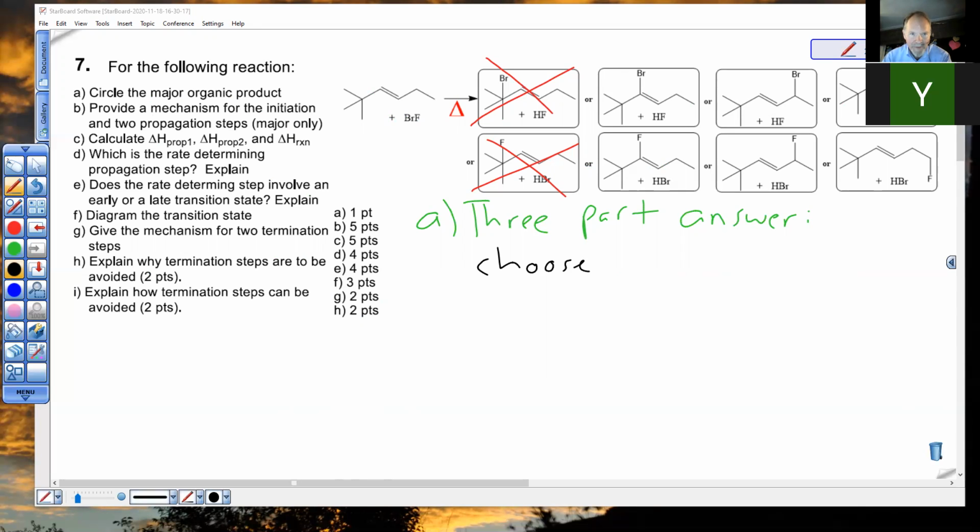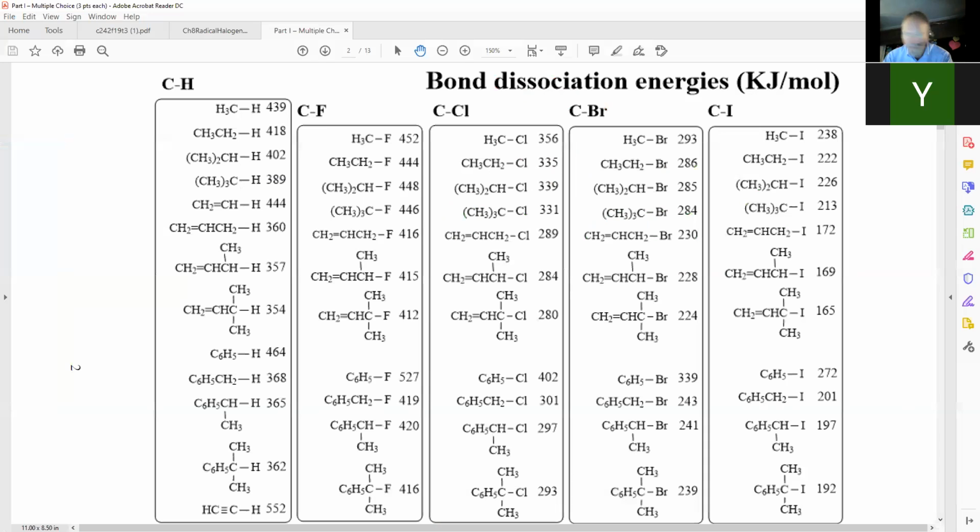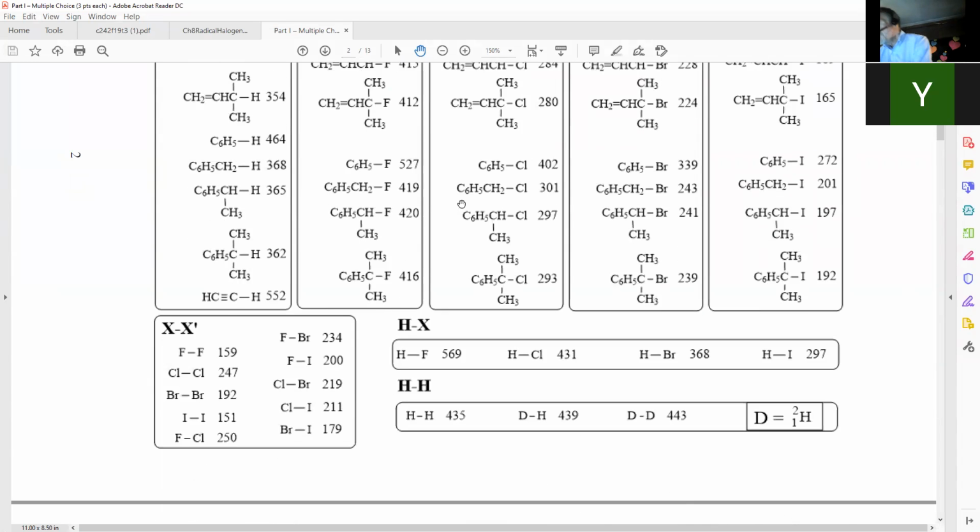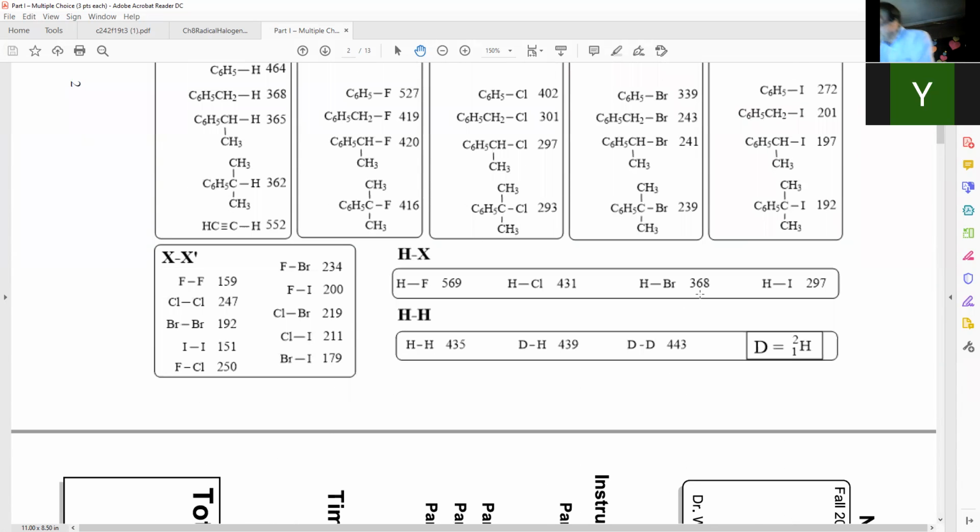Here it is. Which H bonded to halogen happens faster? The choice in our question is HF or HBr. Remember, you're making them. HF negative 569 is much faster than HBr negative 368.